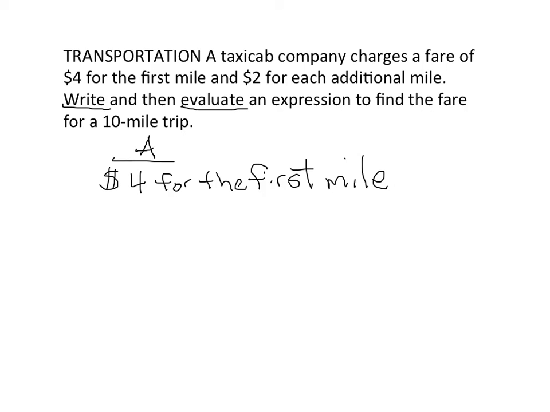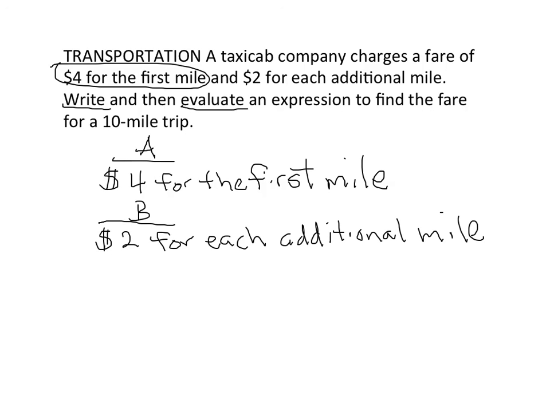The first thing it states in the problem is that the taxi cab company charges $4 for the first mile. So as soon as you walk into the taxi, you're paying $4 up to the first mile. Next up, after the first mile is over, the taxi is going to charge you $2 for every mile you go after that.